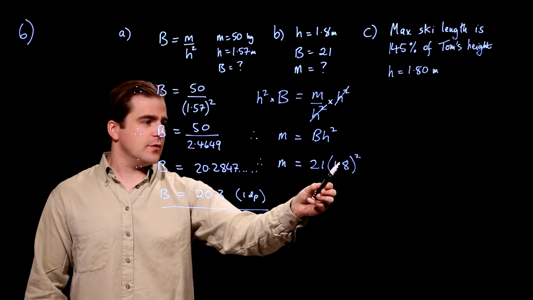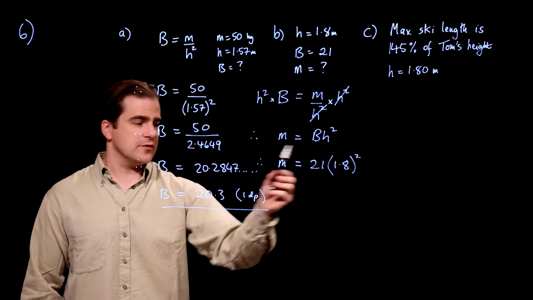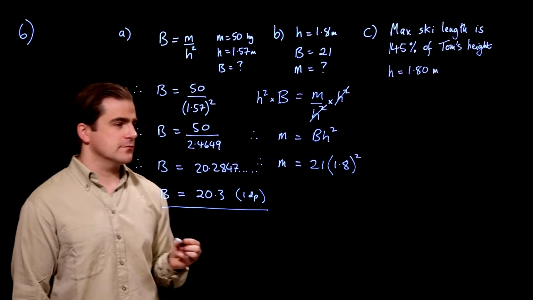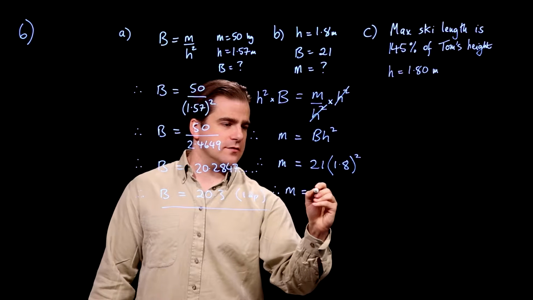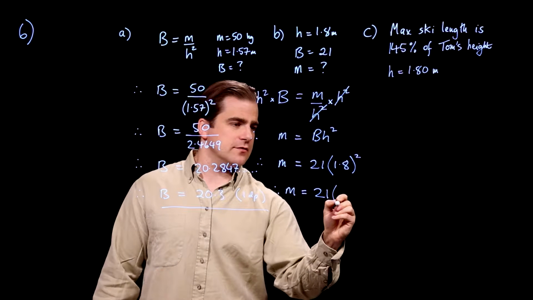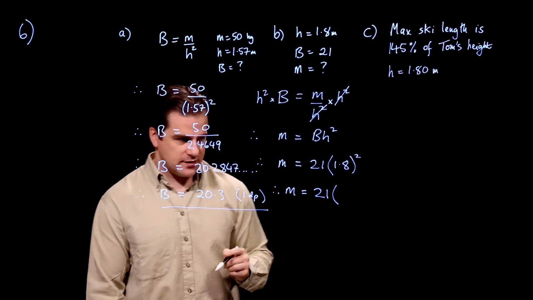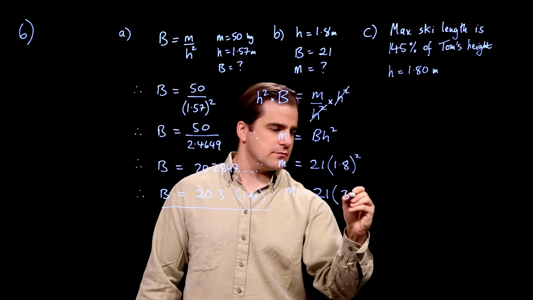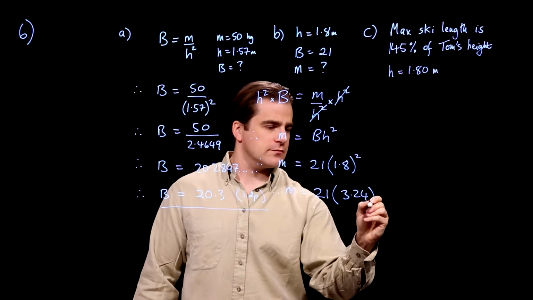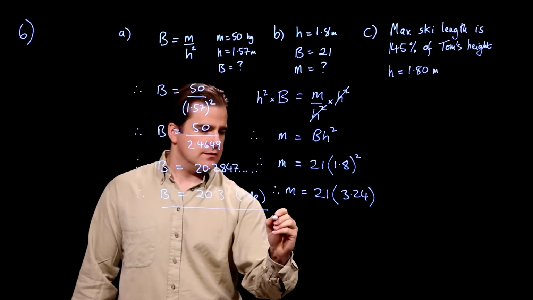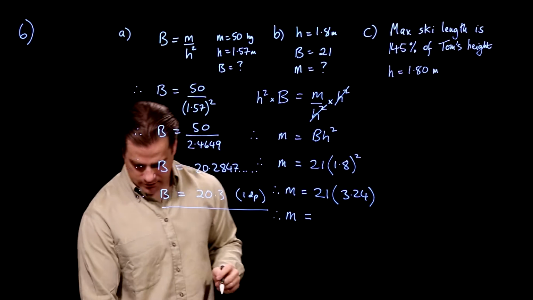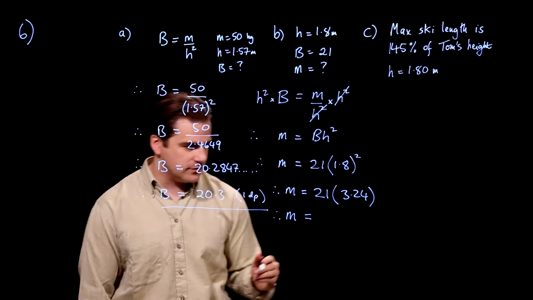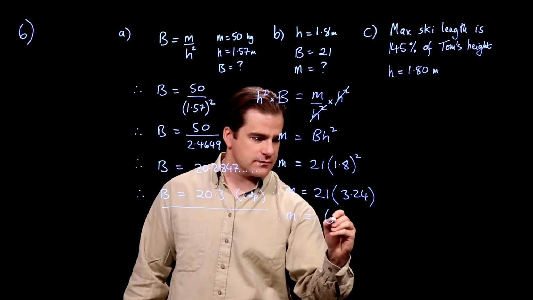We have to do 1.8 squared before we multiply by the 21. Okay, so m equals 21 times 1.8 squared, which is 3.24. Therefore m is 21 times 3.24, which is 68.04.